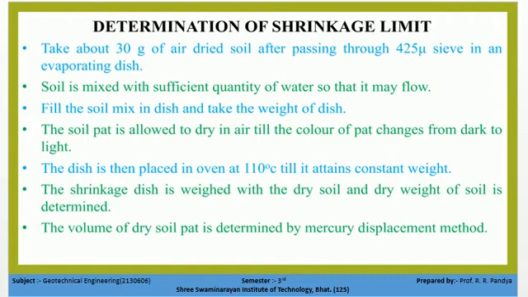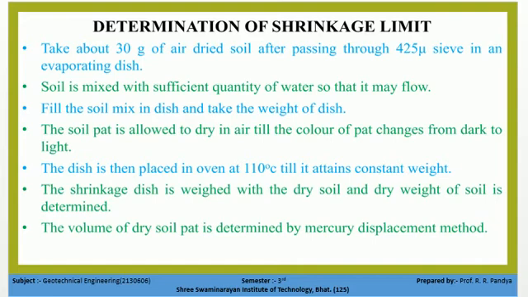Soil is mixed with a sufficient quantity of water so that it may flow. Fill the soil mix in the dish and take the weight of the dish. The soil pad is allowed to dry in air till the color of the pad changes from dark to light.